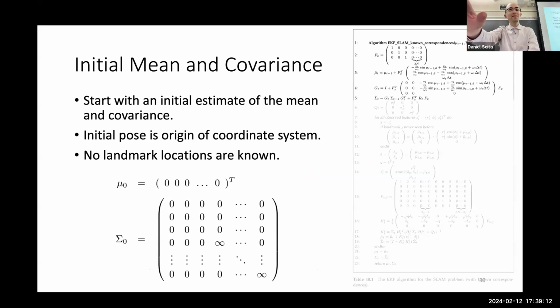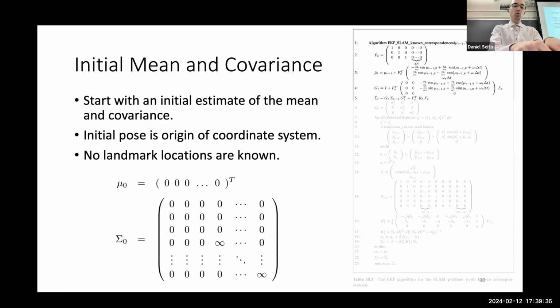Is that like an augmented state? Yeah, it's like an augmented state in some sense. So if you try to initialize it, what is this doing? Mu of 0 is your initial estimate of both the robot pose and the map.